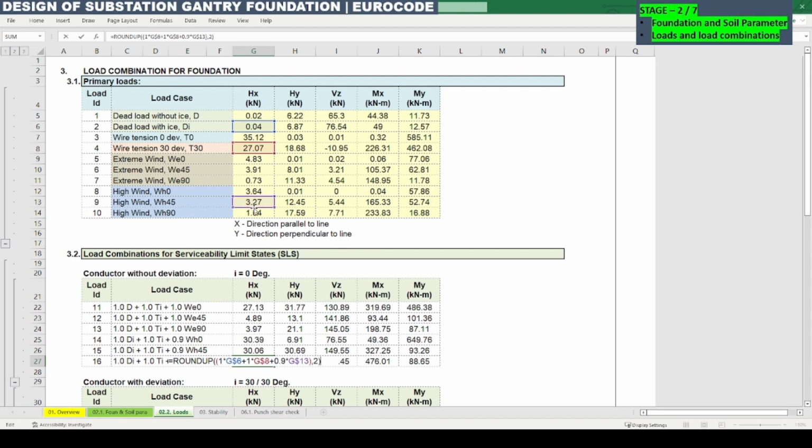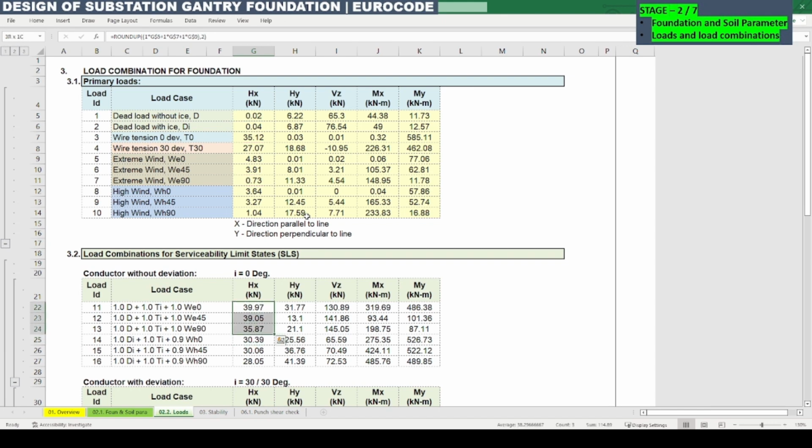In this case also we need to consider this 90-degree. So now we can copy paste all this for Hx and Hy. Here you can consider it as dead load without ice. Similarly here it should be wind acting 45-degree, extreme wind acting 45-degree, and here extreme wind acting 90-degree.